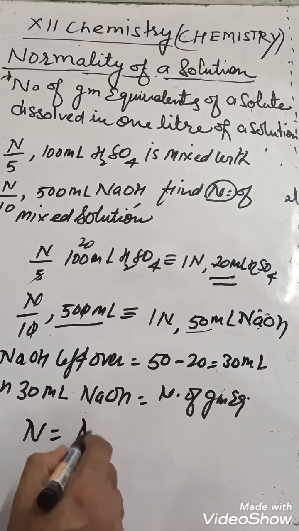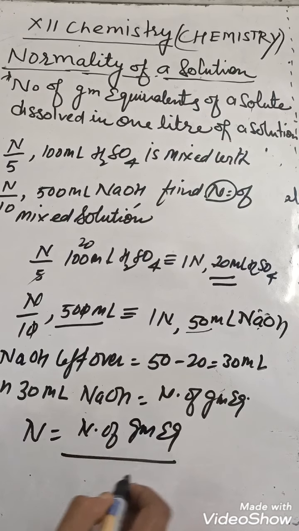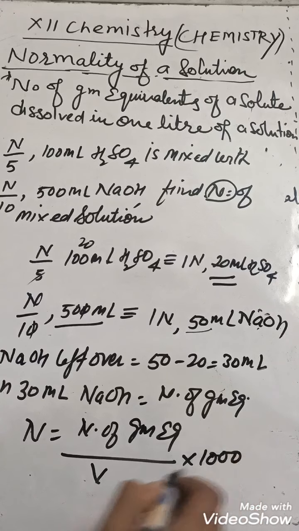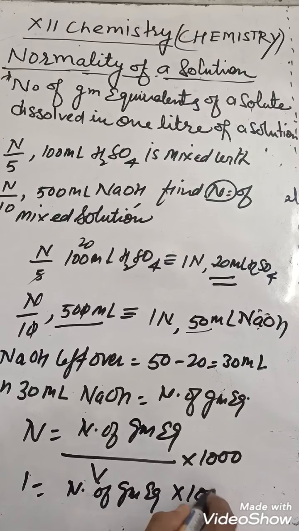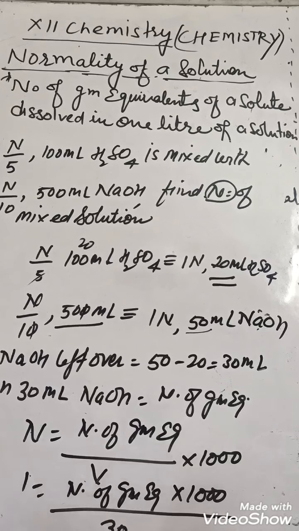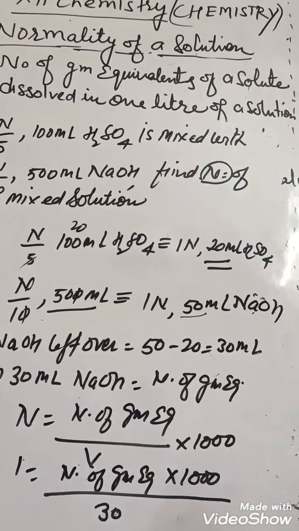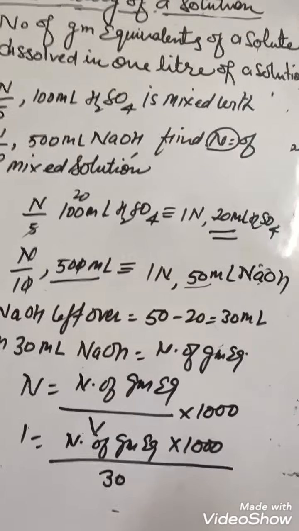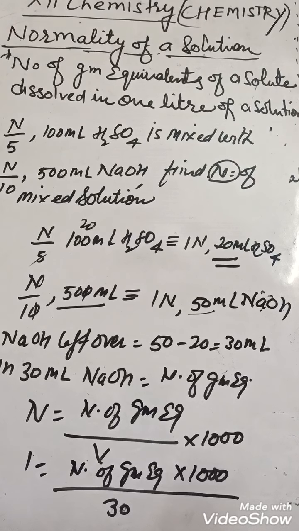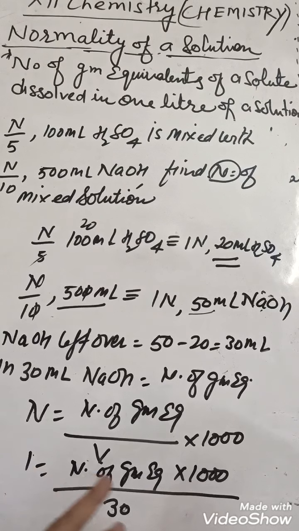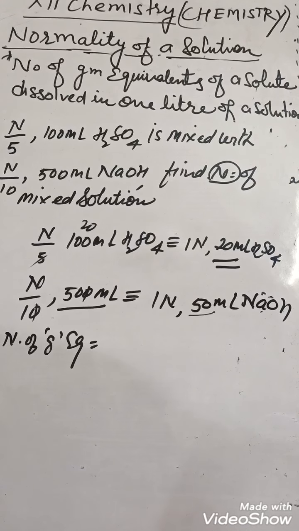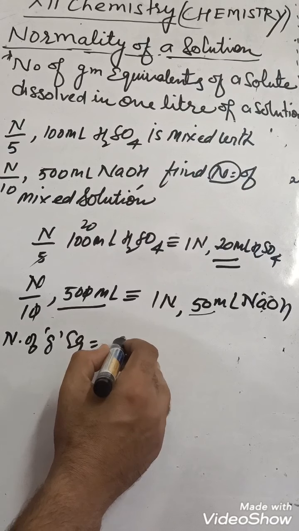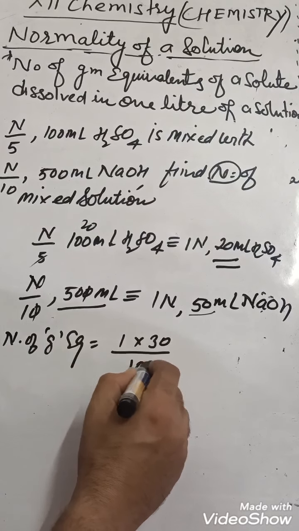N is equal to number of gram equivalent into 1000 divided by volume. N is 1, so number of gram equivalent will be 1 into 30 divided by 1000.